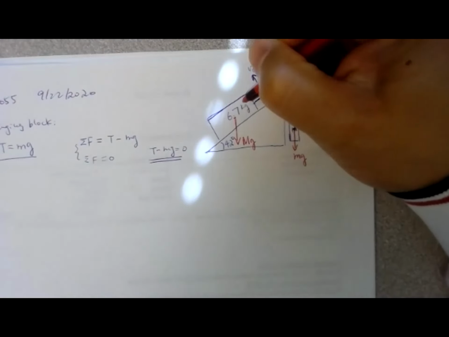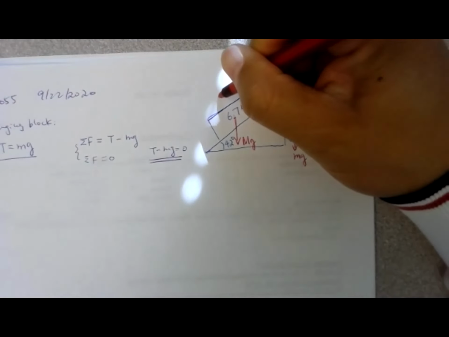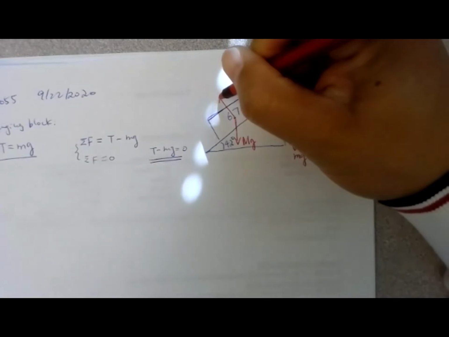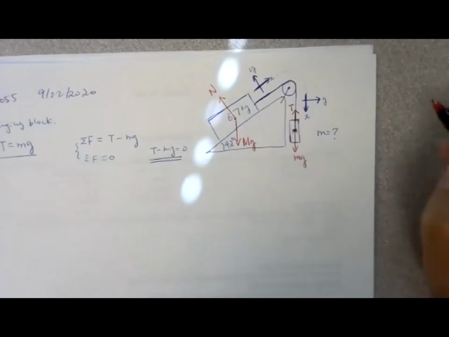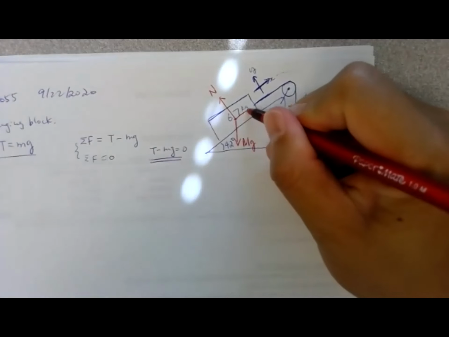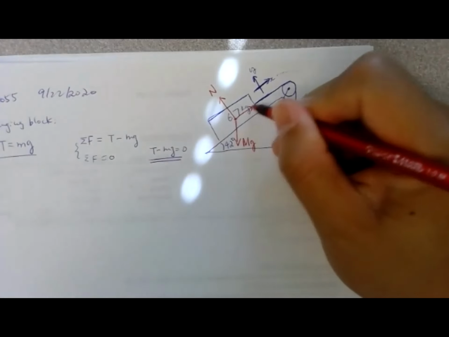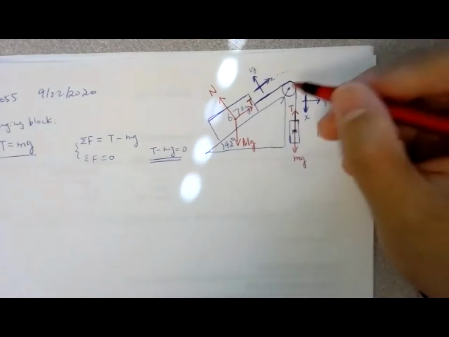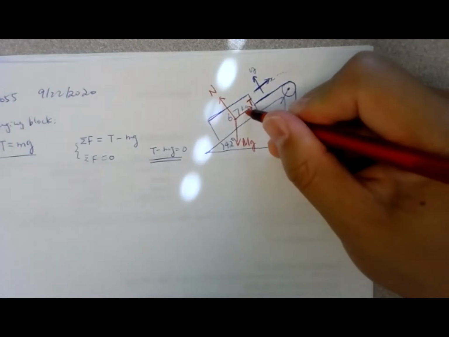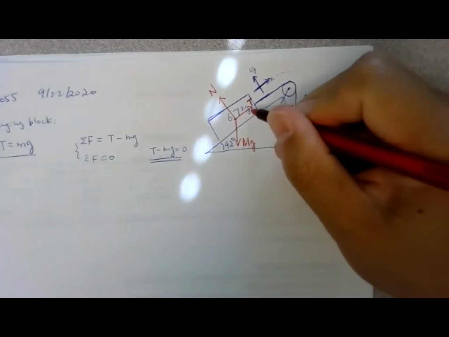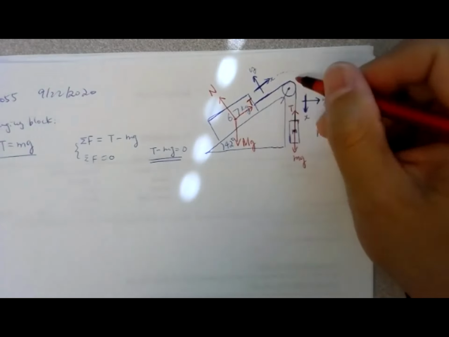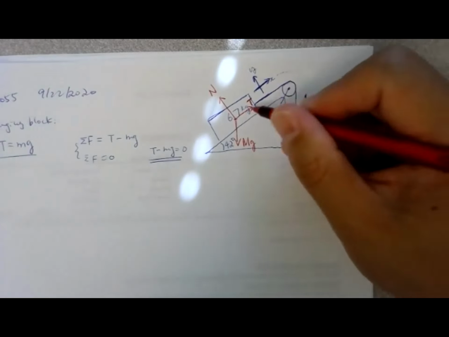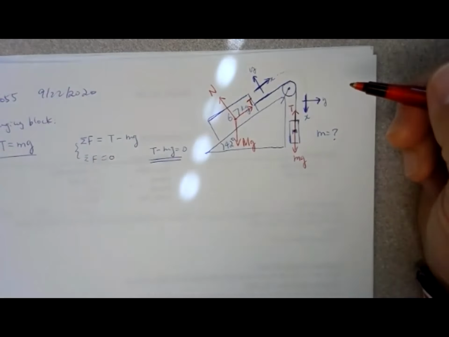Now, because this block is on the surface, you can indicate there's a normal force by contact, okay? That should be going in that way. There should be this tension because it's being pulled by the string here, so this tension here, all right? Because there's this pulley, the tension here and here should have the same magnitude. Okay, although they are pointing in different directions, they should have the same magnitude.